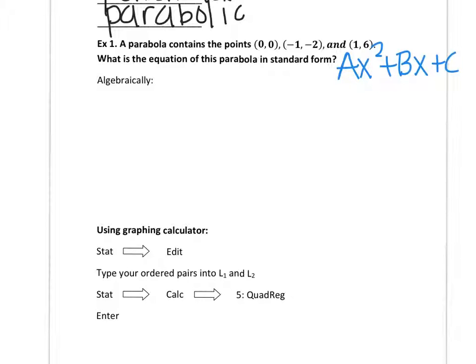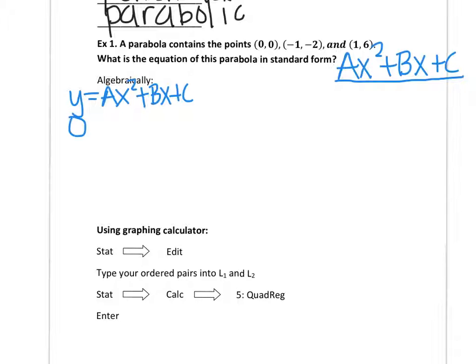Okay, so what you would do using algebra is you would take this standard form, and we're going to do that for every single point, and we're going to sub in for x and y every single point. So y equals ax squared plus bx plus c. Now, what I'm going to do is I'm going to take (0, 0) and put it in for my x and my y values.